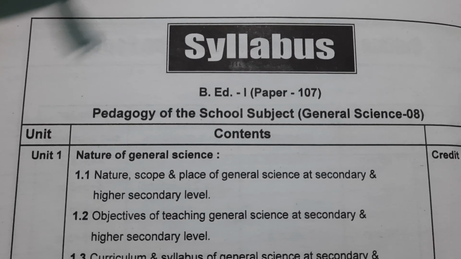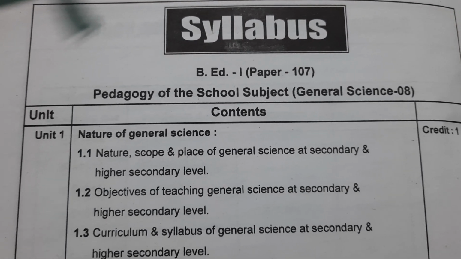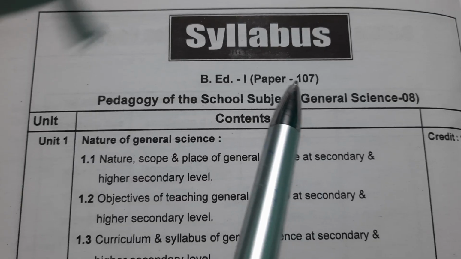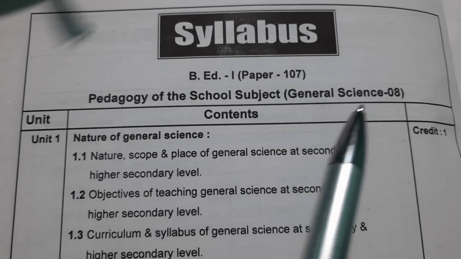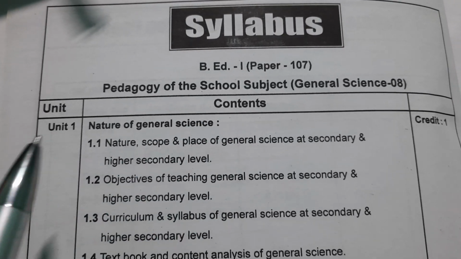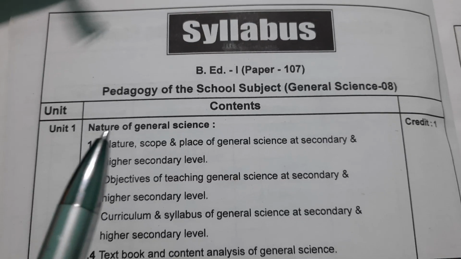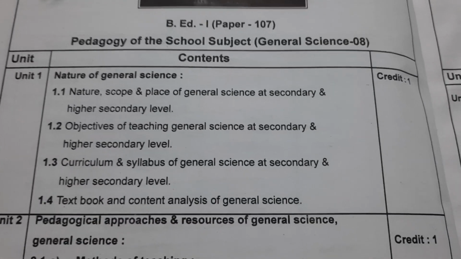Before starting with the notes, here you will have the syllabus. This is the B.Ed first year paper 107, the pedagogy of the school subject General Science 08. This is the contents. This is unit 1, nature of general science, credit 1.